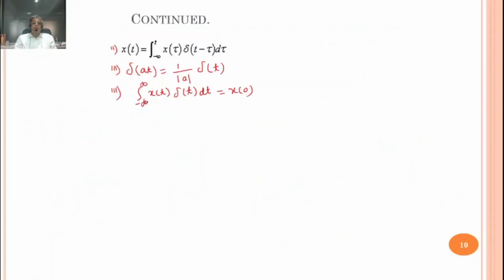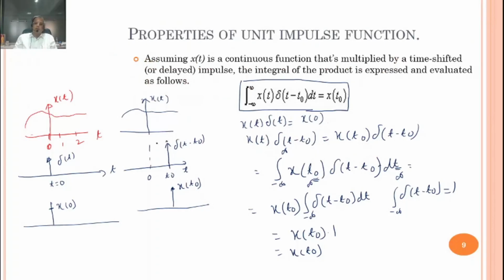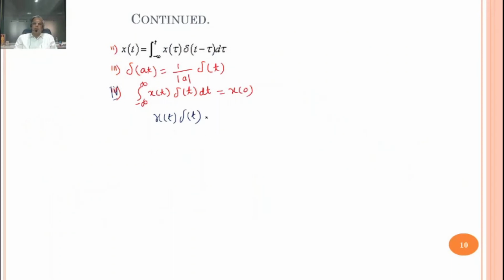Another property, the fourth property, is the integral from minus infinity to plus infinity of x of t delta t. We know that x of t and delta t equal x of 0, as studied in the previous slide, since the delta function exists only at t equal to 0. Hence the integral becomes x of 0 into delta t dt.